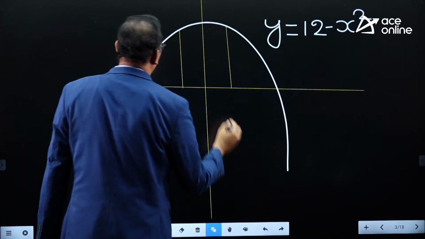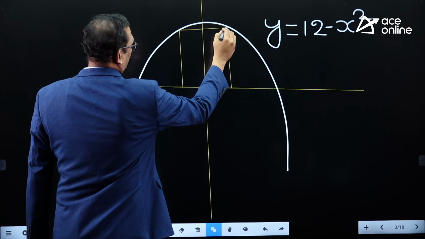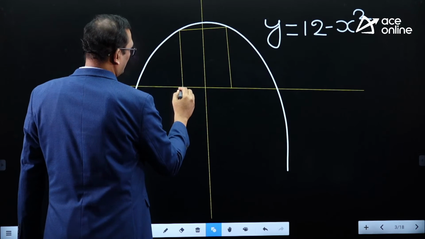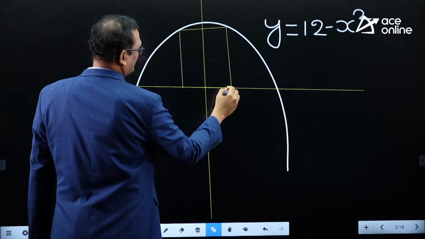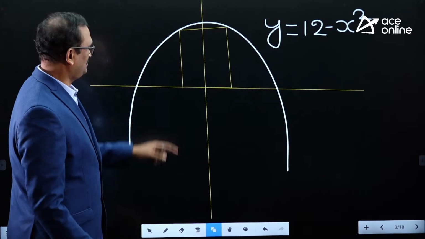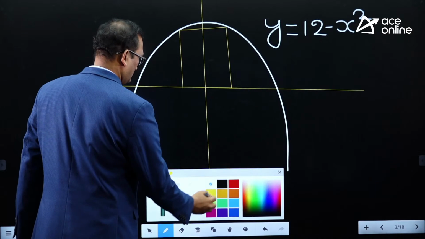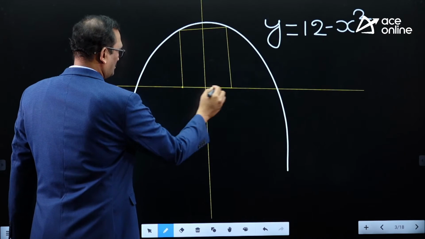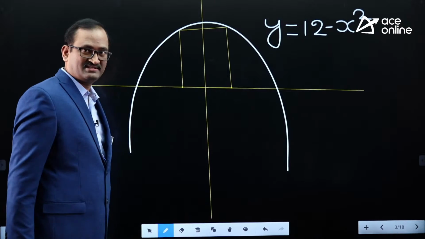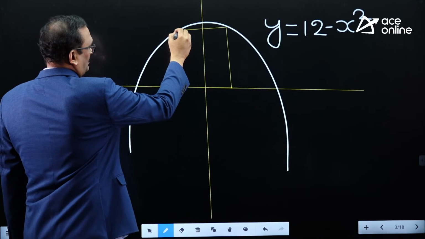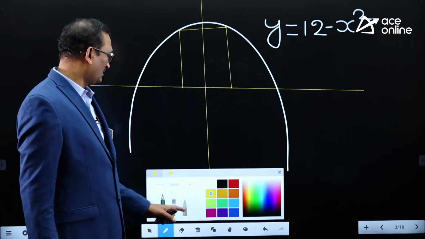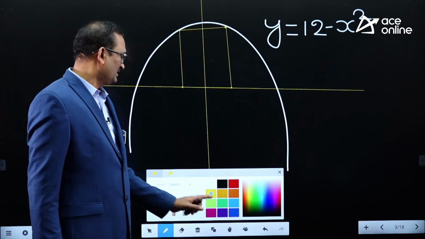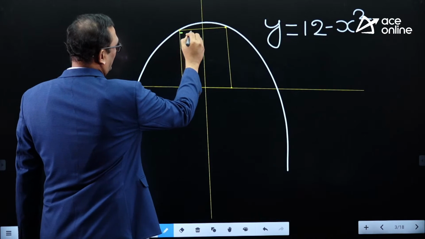The other two corners will lie on the parabola. This is a rough sketch only. This is a rectangle, two of its corners on the x-axis like this, and these two corners on the parabola y equal to 12 minus x square. Now you observe that carefully here. This is the area.